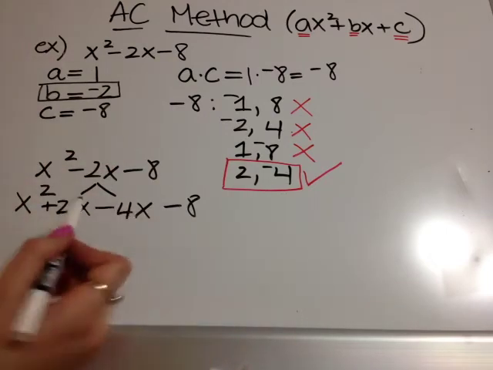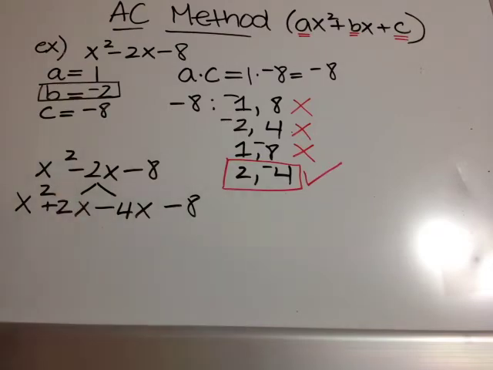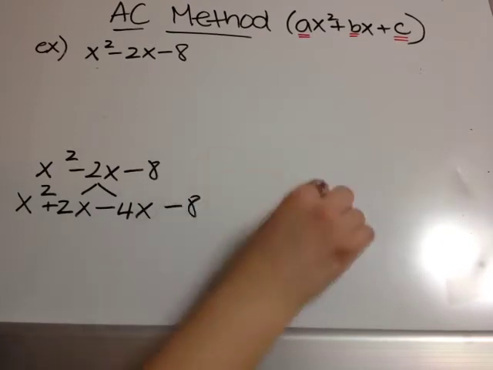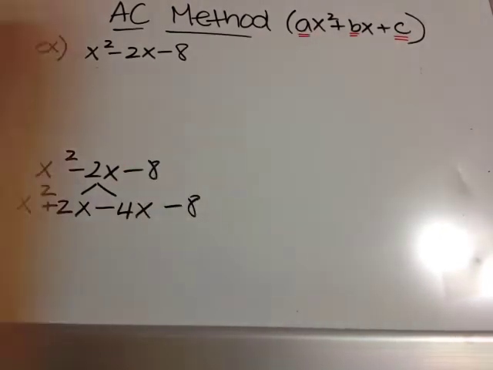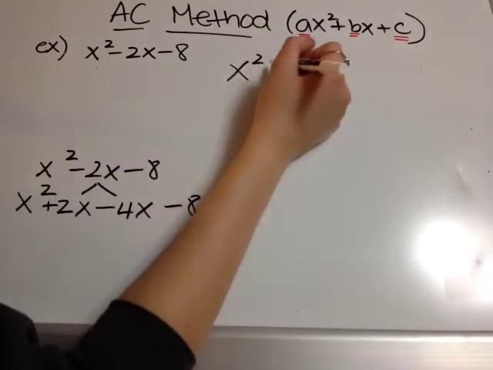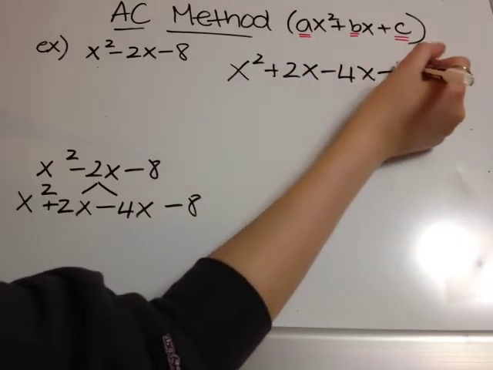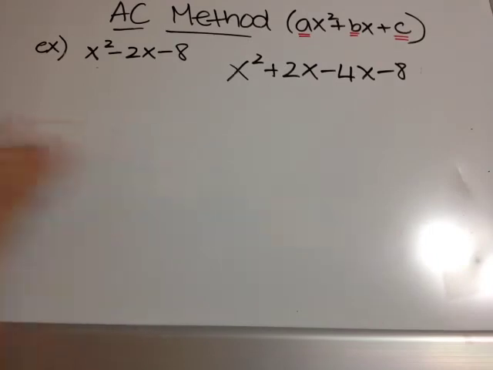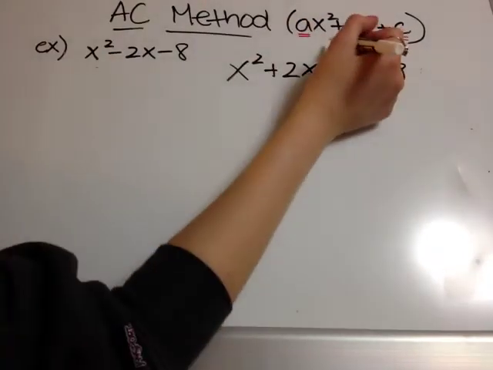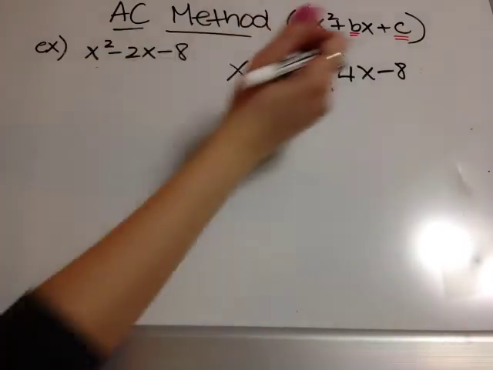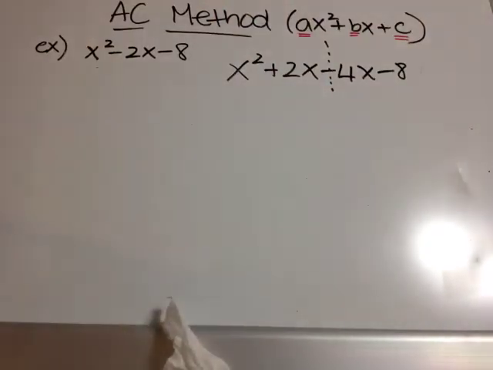Okay, now that we have this, let me just rewrite it on top so it looks clearer. So I have x squared plus 2x minus 4x minus 8. Now I have four terms, so I can split my expression down the middle. Two terms on the left, two terms on the right.